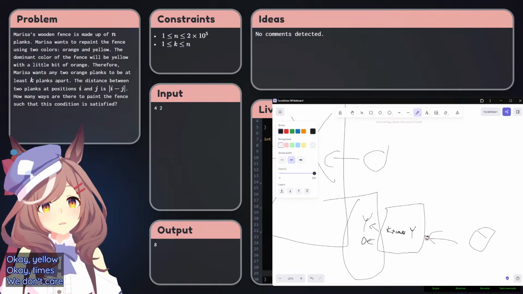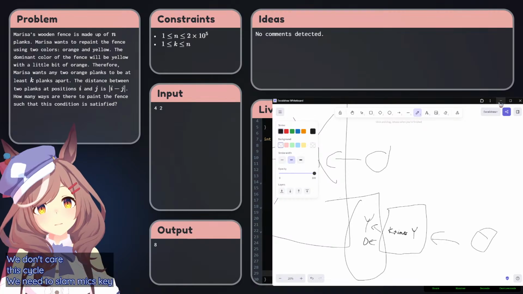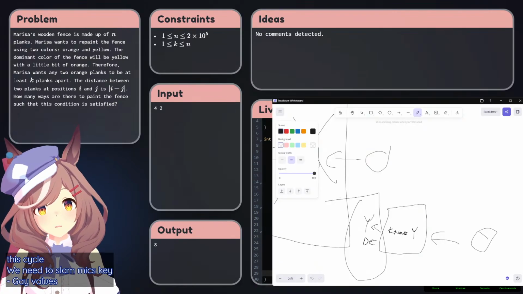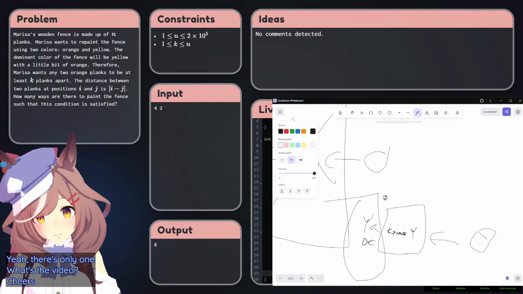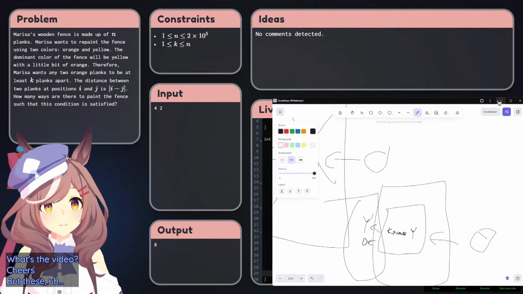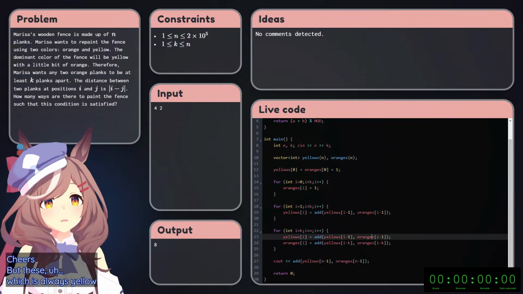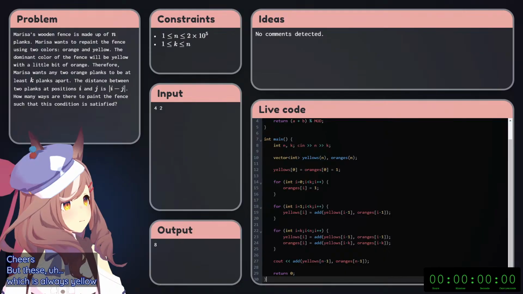Let's take all, but we need to sum back k values. And yeah, there's only one possibility to choose at this position, which is always yellow. Yeah, and that's the answer for problem number 2.